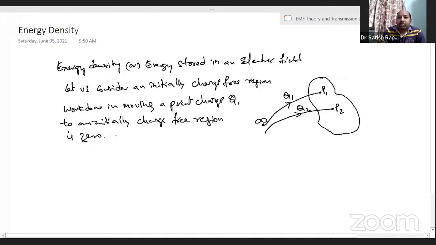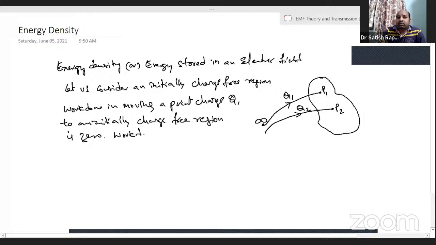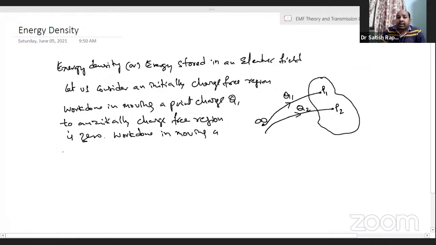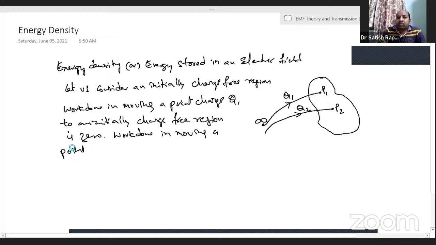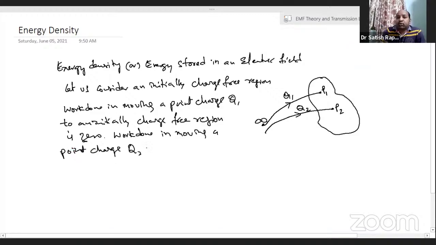So therefore, the work done in moving a point charge Q2 to point P2 is Q2 V21, right?